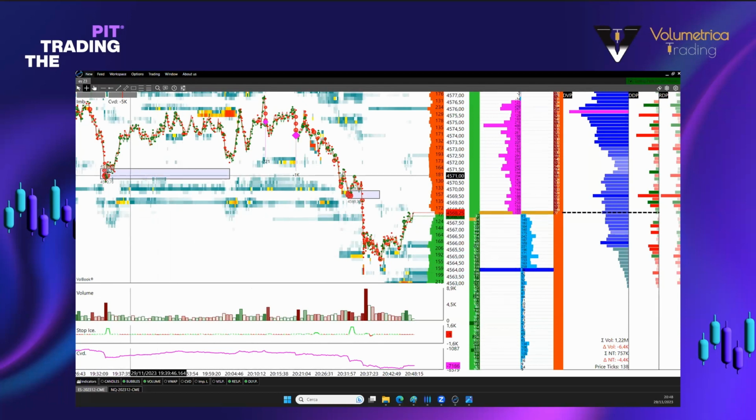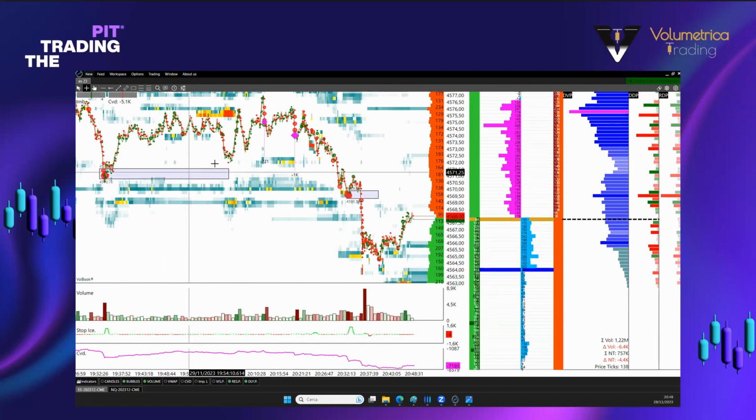So after looking at the way iceberg areas are normally defended, why sometimes are they not?